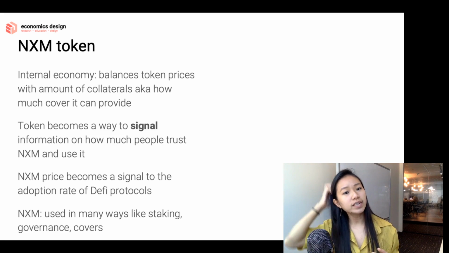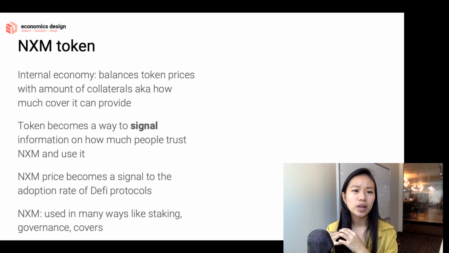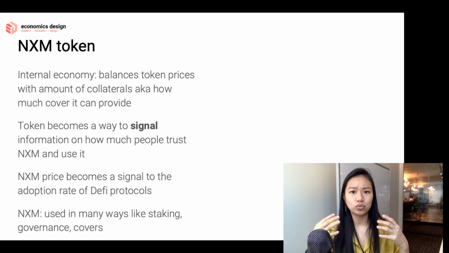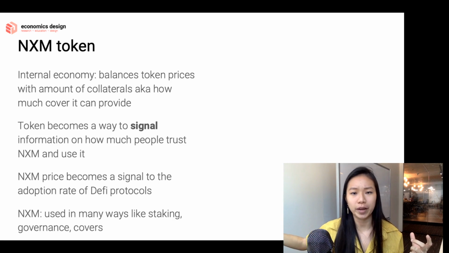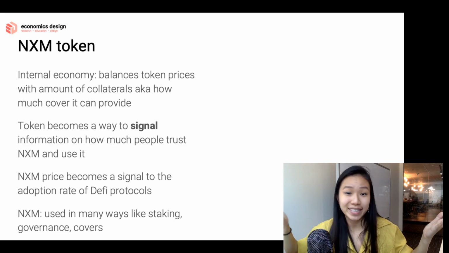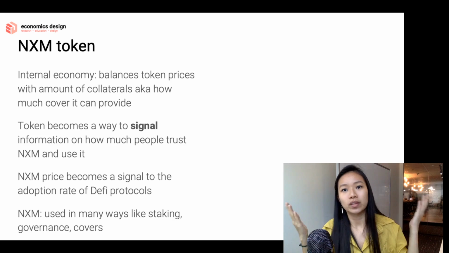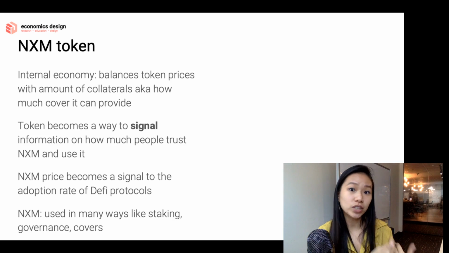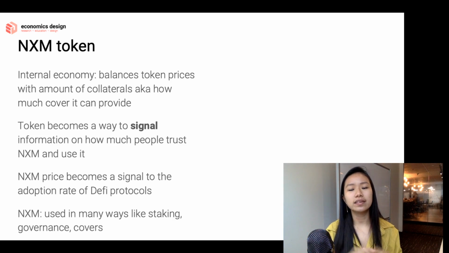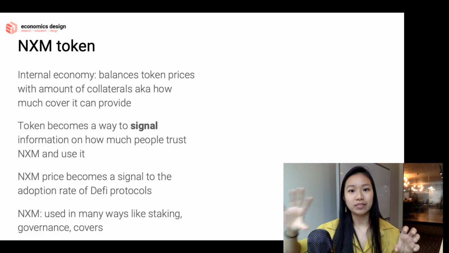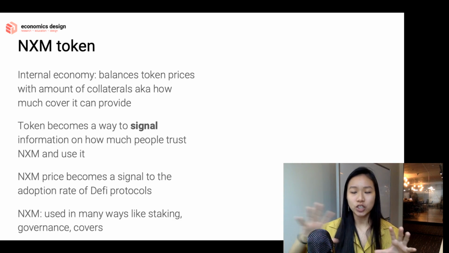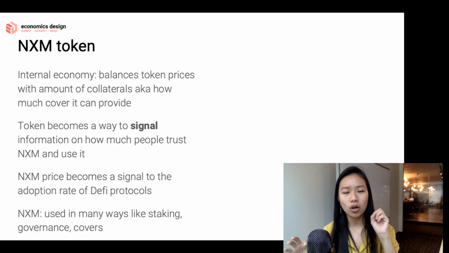So what does the NXM token do then? What is the entire purpose of the NXM token if it's not traded in the secondary market? The entire purpose of the NXM token is to be traded in the primary internal economy. With the bonding curve, it balances the token price with the collateral that's available. So the NXM price is not fixed all the time.